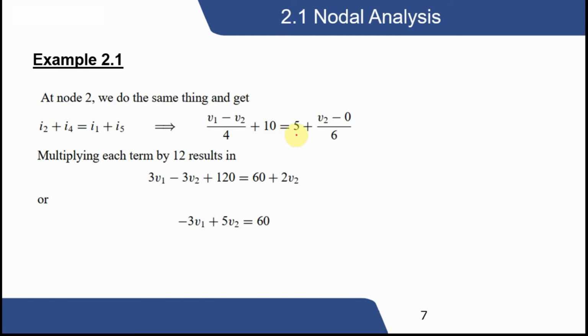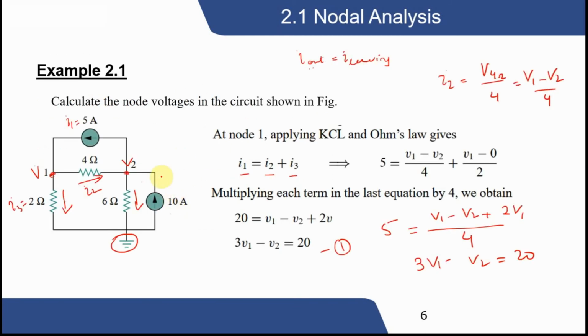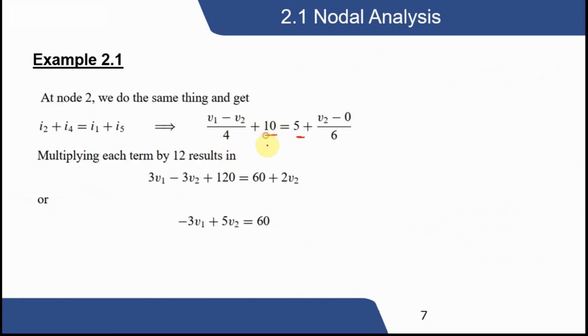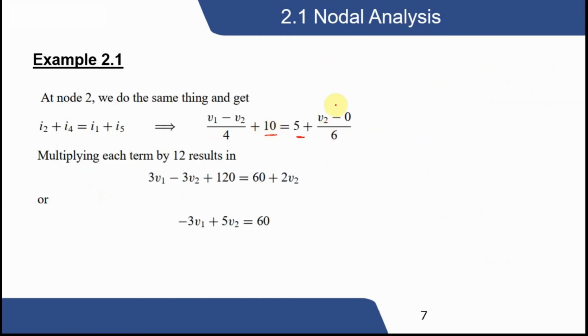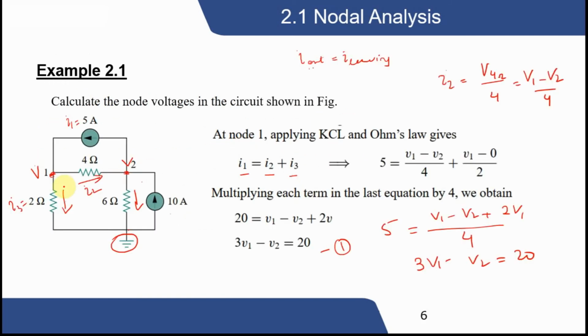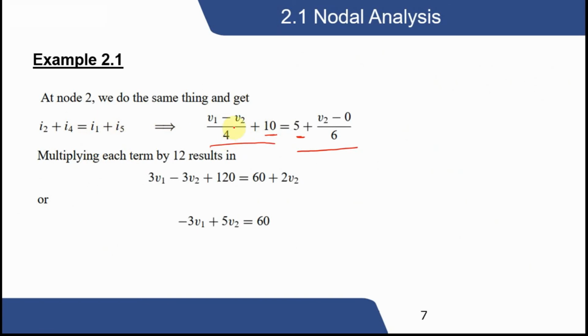Then V2 minus 0 divided by 6 ohm is also on the leaving side. On the entering side, I2 is entering, so I2 is V1 minus V2 divided by 4 ohms.